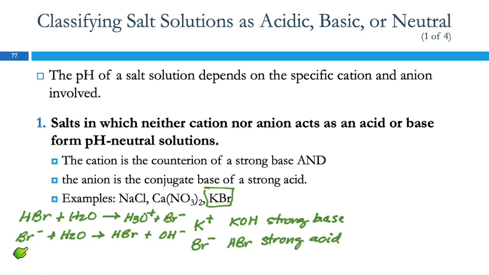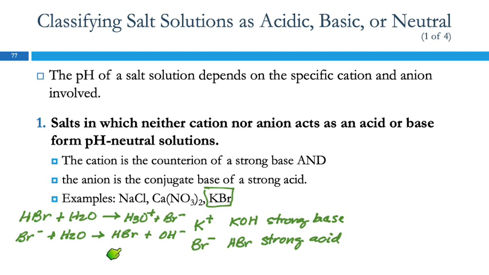In order for this to act as a base, it has to form HBr molecules in the solution. But HBr is a strong acid. All of the molecules ionize. They're all separated. So this is not going to happen. Does that make sense?